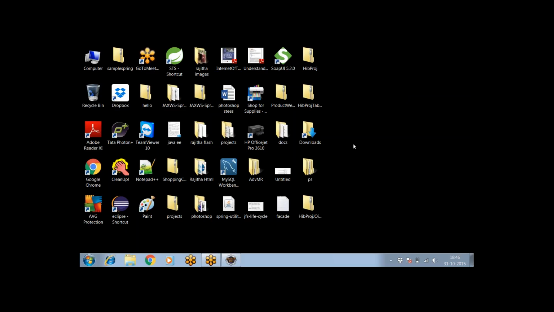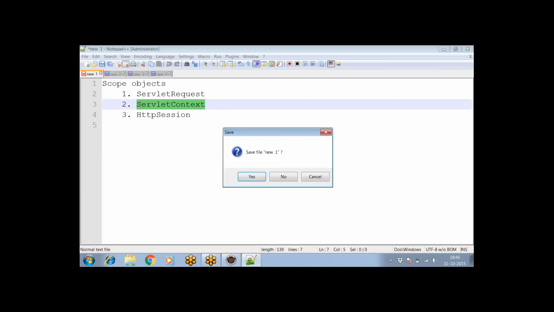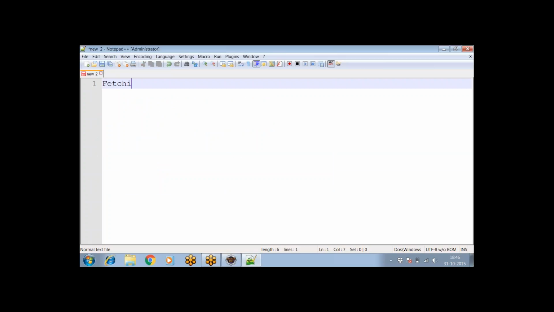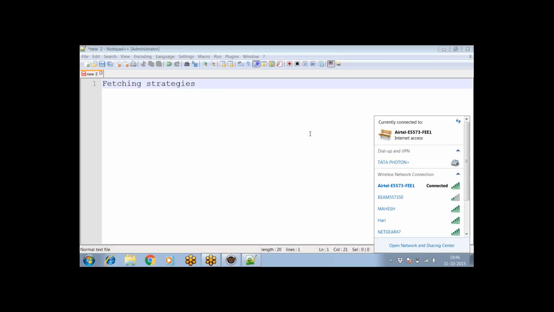So today we'll talk about fetching strategies. So what are these fetching strategies?